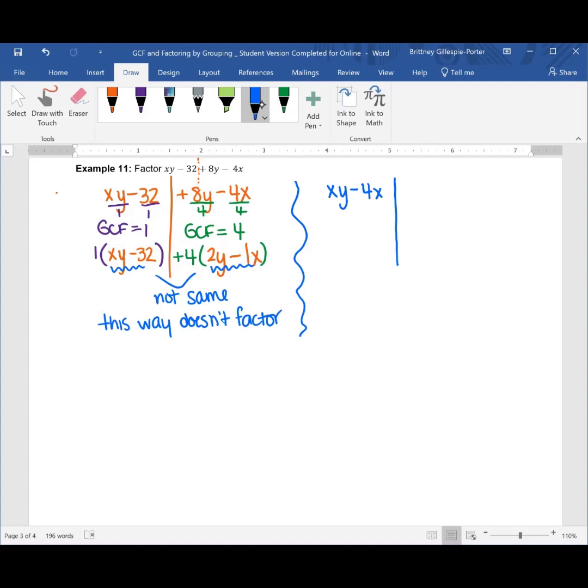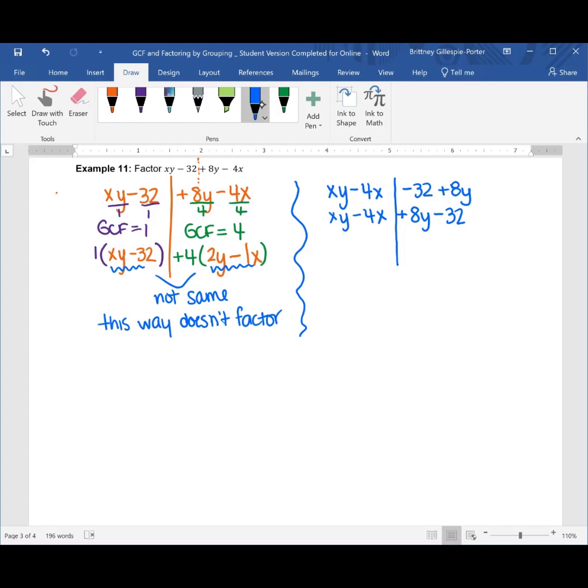And then on the other side, I have my negative 32 plus 8y. But that's really weird. That's not in descending order. So let's go ahead and rewrite that as 8y minus 32. And just so they're on the same level, I'm going to bring my xy minus 4x down.